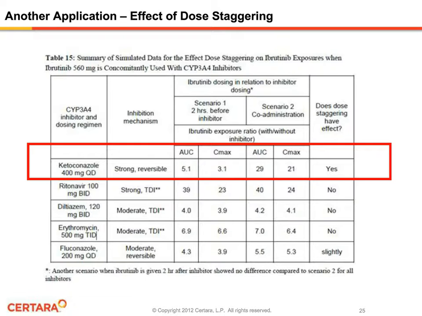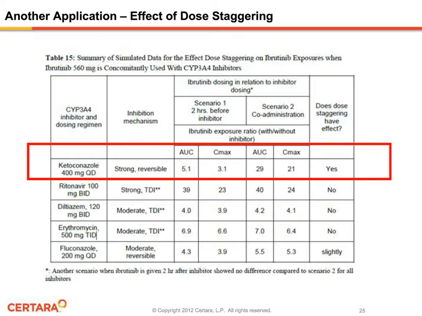In this table, you've got the CYP3A4 inhibitor in the dosage regimen, and the inhibition mechanism, so you've got time-dependent inhibition down here, and reversible inhibition here. And you can see that this is scenario 1, whereby ibrutinib is given 2 hours before the inhibitor, and here it's co-administered.